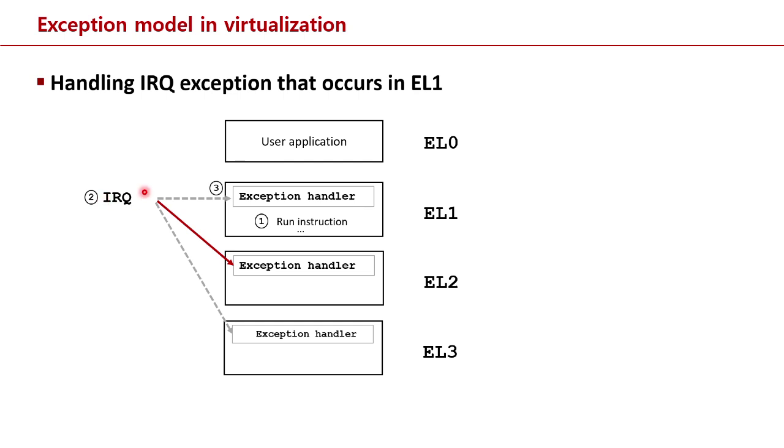At this point, control is passed to exception level 1 when there is only one operating system, but under the virtualization environment, control is transferred to exception level 2 instead of exception level 1. That kind of operation can be called a virtual interrupt.